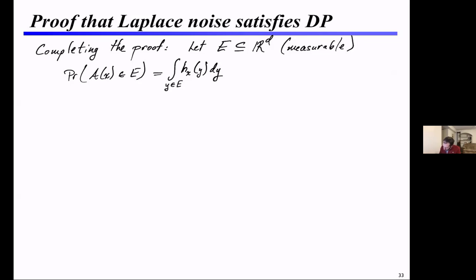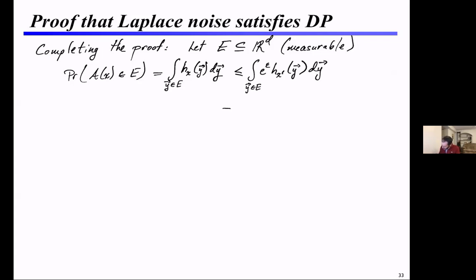Just to be clear, we're working with vectors, so these are all vectors. And what we said is that, term for term, this is always less than e^epsilon times what we would get if the density were evaluated for the distribution of A(x').